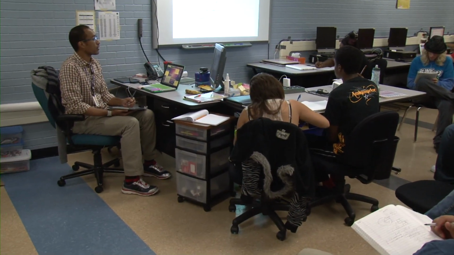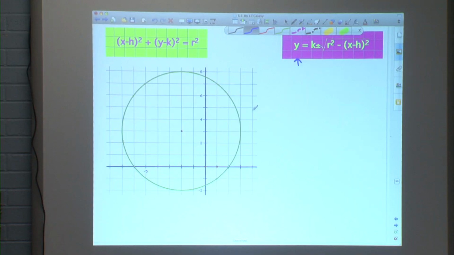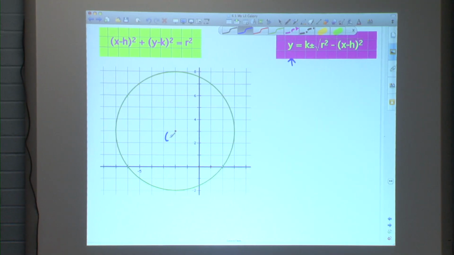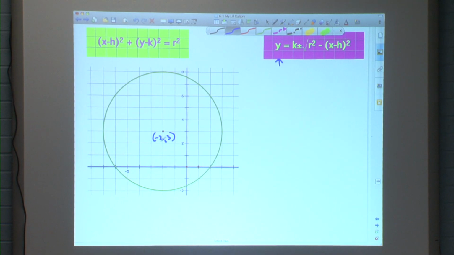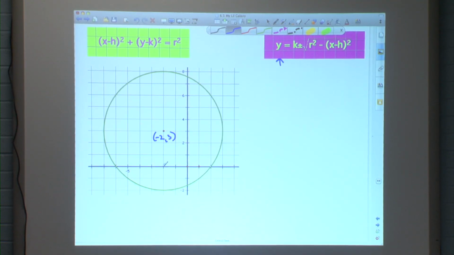So what's our center of our circle? Okay, so we've got -2, 3. So -2 and +3. All right, what's our radius?